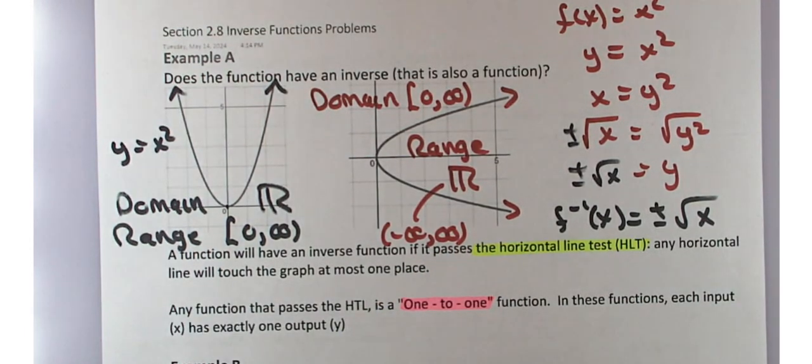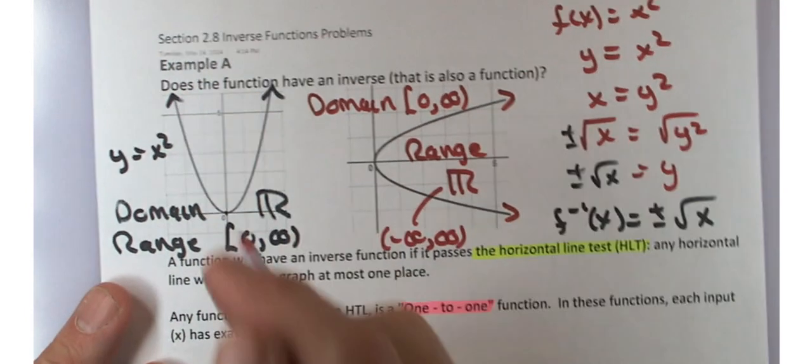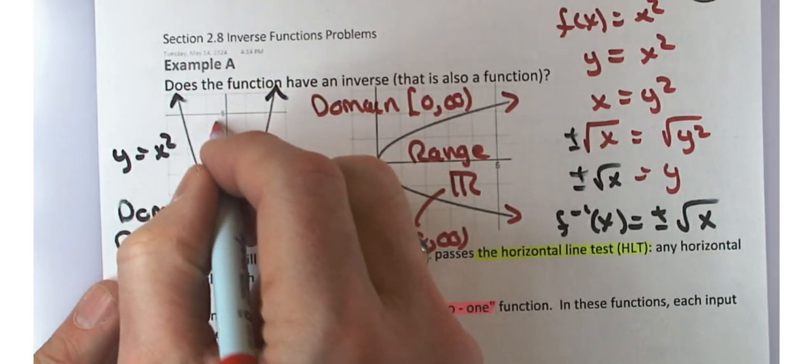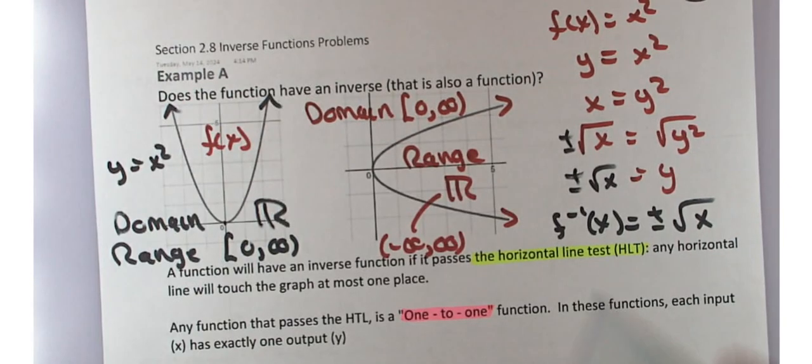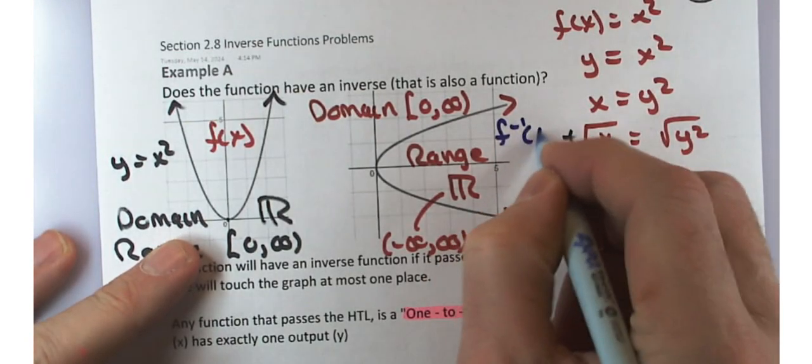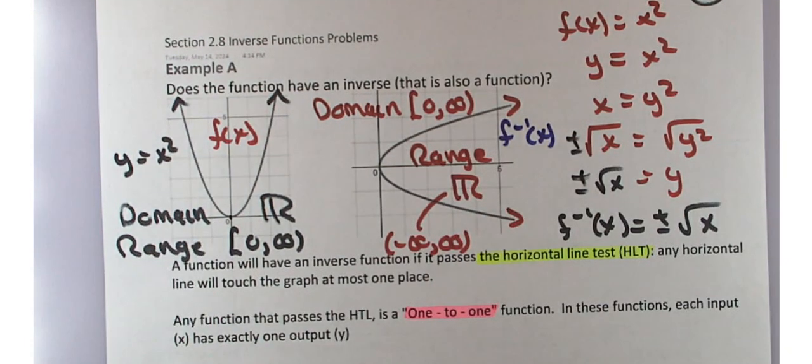Can anyone see something that looks kind of like a coincidence? It's probably more than just a coincidence. What happened when you looked at the domain and range between the function and the inverse? So this is f of x, this is f inverse of x. They switched. All they did was interchange.